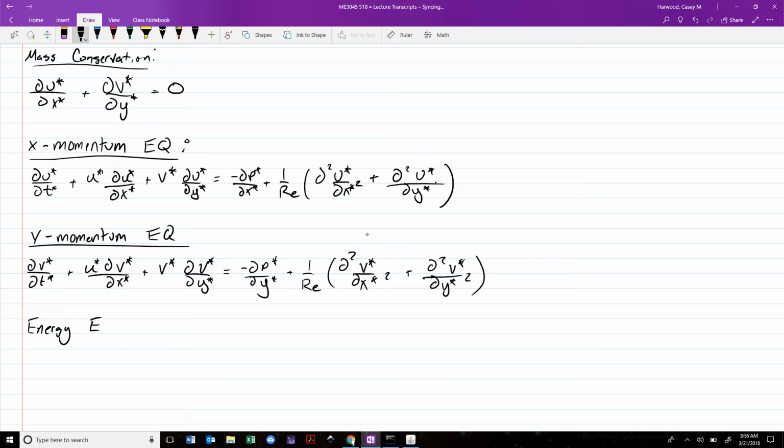The non-dimensional version of the energy equation. And this is the longest of them.